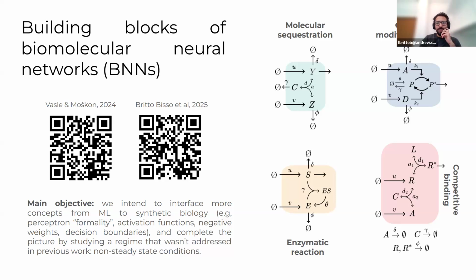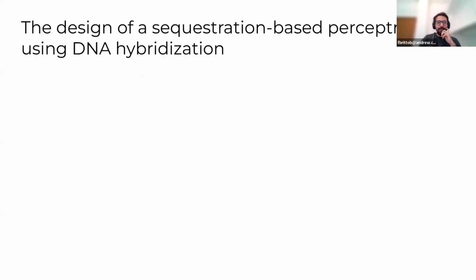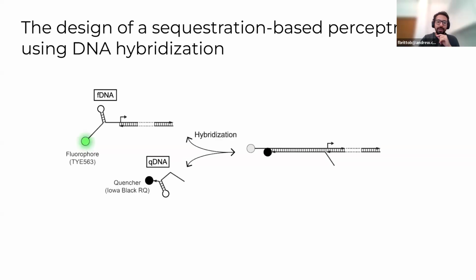So now I'm just going to talk about some experiments. To begin studying the molecular sequestration reaction using the formalities of machine learning, we designed a toy model using a DNA hybridization reaction. This system consists of two DNA strands that have a complementary binding site: fDNA, which has a fluorophore, and qDNA, which has a quencher.